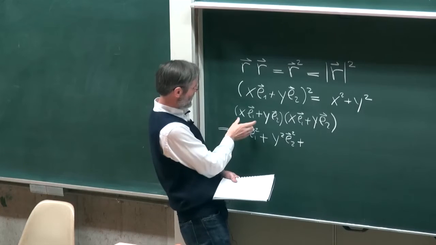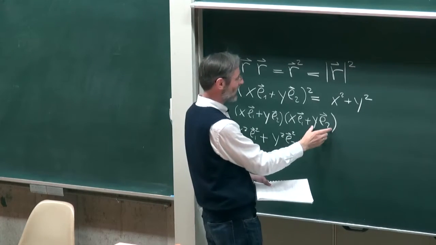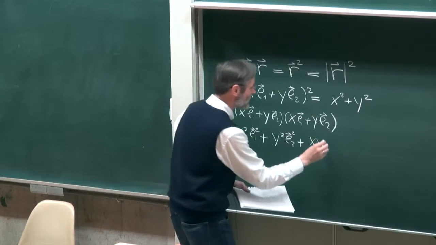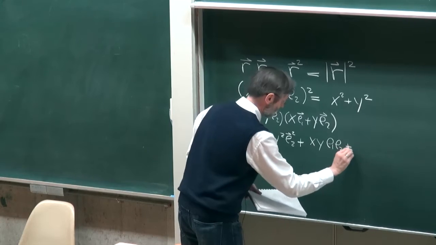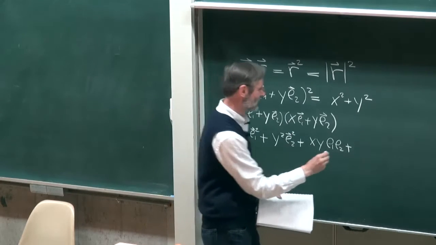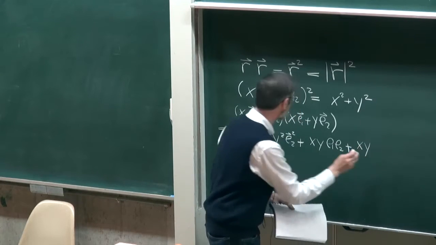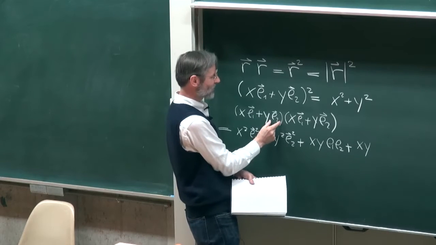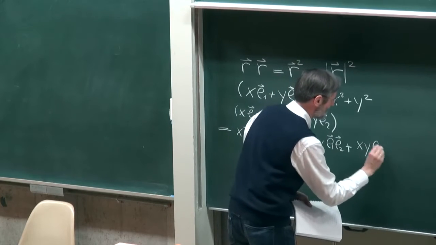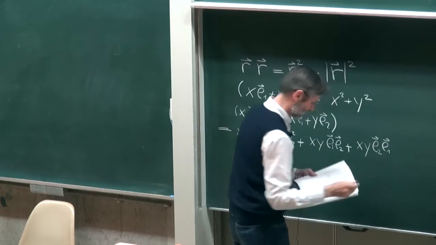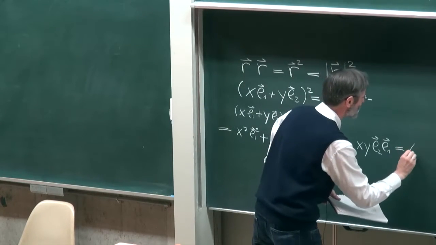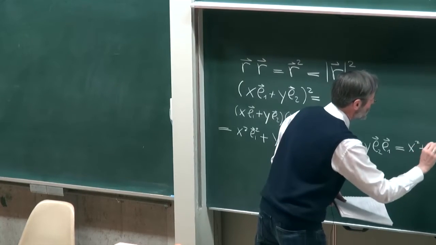If we first take x e1 times y e2, this gives us xy times e1 times e2. And then we have y e2 times x e1. That gives us another xy, but we cannot change the order. It is e2 times e1. That we must respect. And that should equal x squared plus y squared, that's the request for this new product.